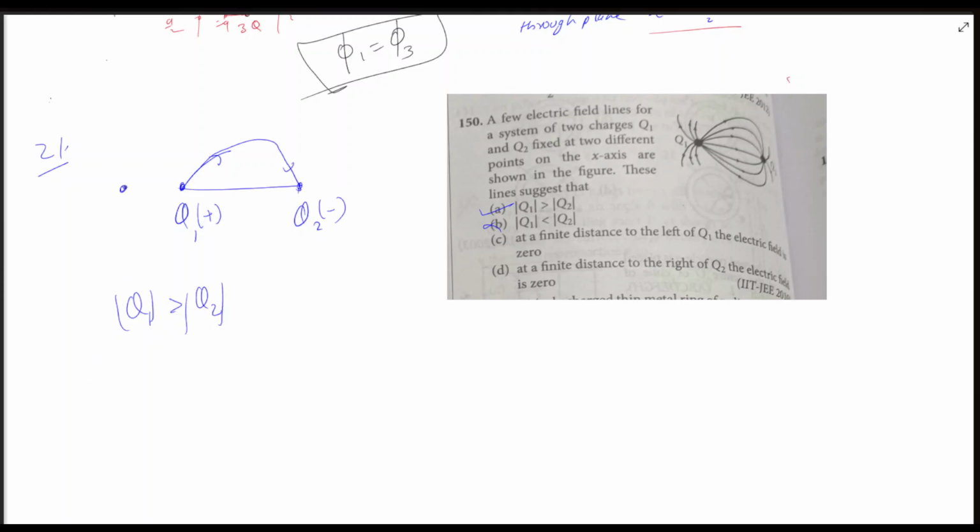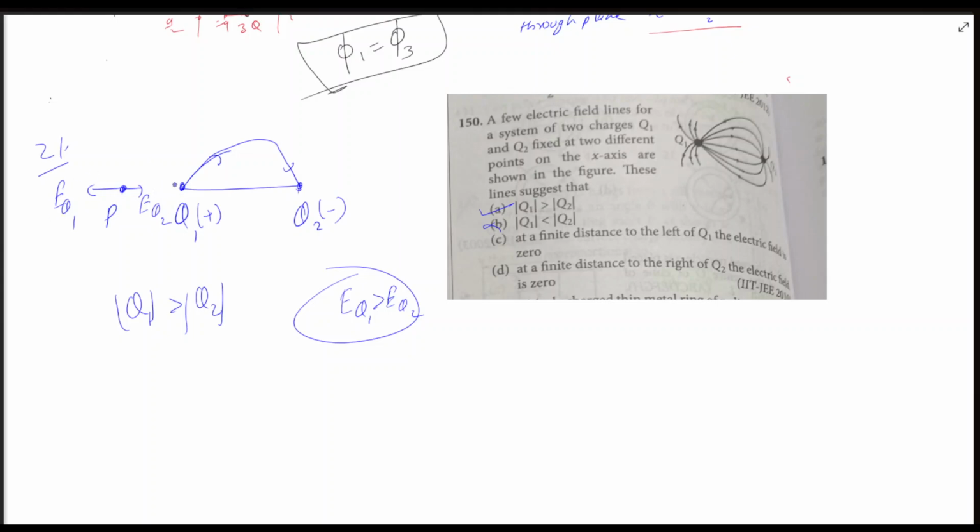Okay, so if I take a point P here, now due to Q1, electric field will be E Q1 here, and due to Q2, it will be here. But we know electric field due to Q1 will be more than electric field due to Q2 because this point is near to that, and even Q1 is more also. So it is always going to be more.